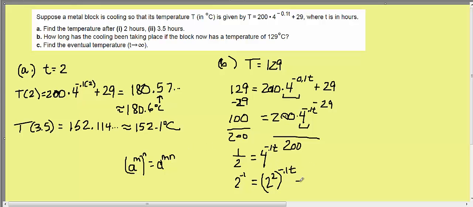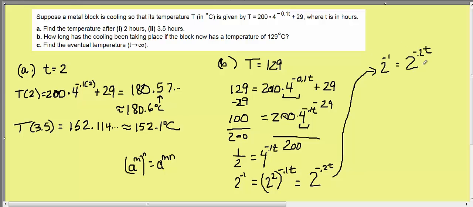So I'm going to do that here. This will now be 2, and this is negative 0.1 times 2, which would be negative 0.2 t. So if I take this up here, I know that 2 to the negative 1 is equal to 2 to the negative 0.2t.